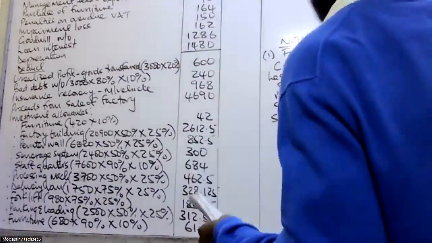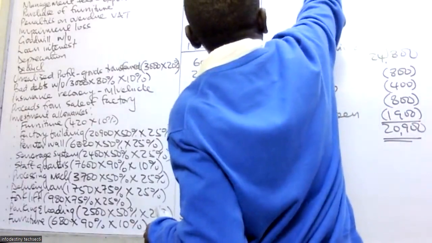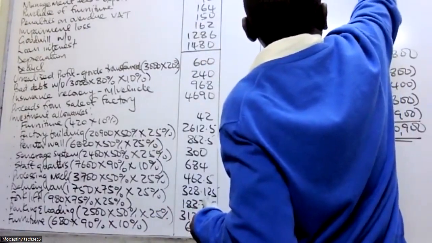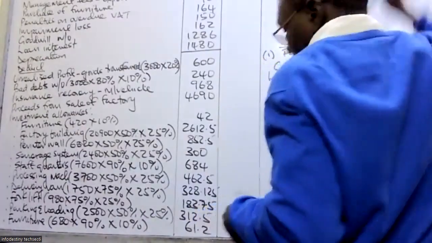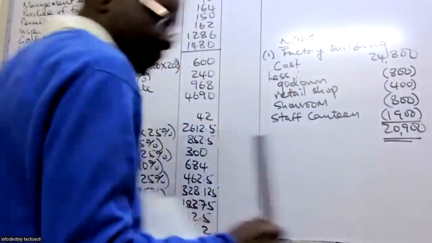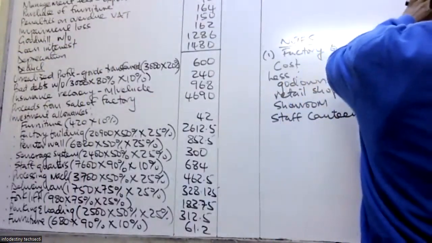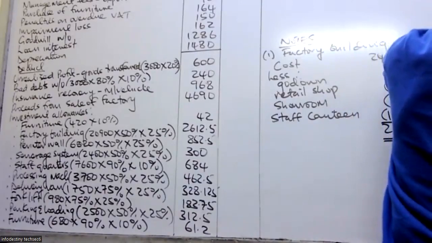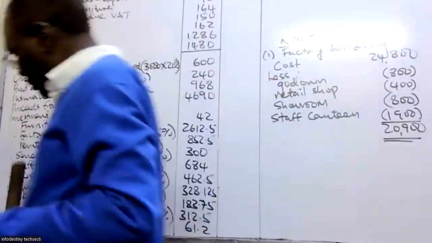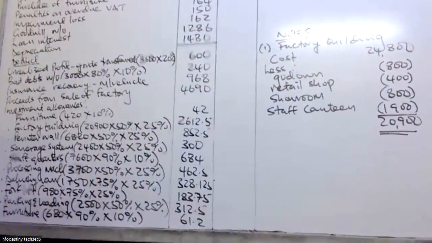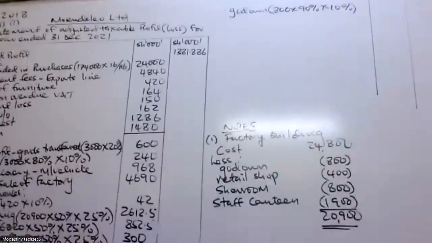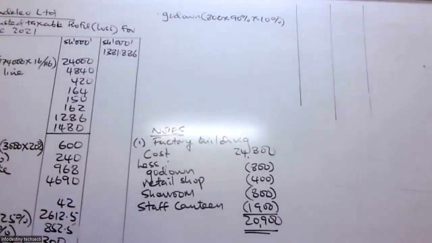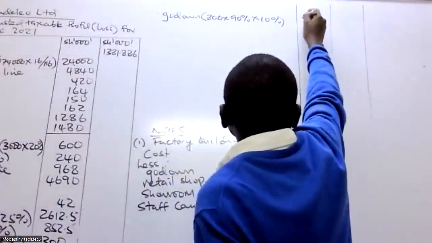So starting with the godown, we bring in the godown. So godown is 800, to get 90% and we get 10%. 72. So godown is 72.